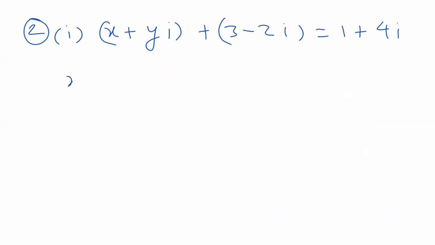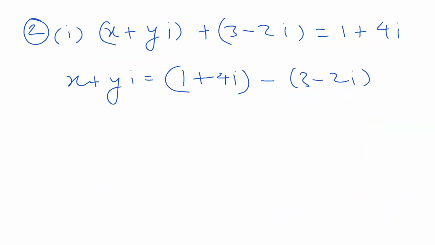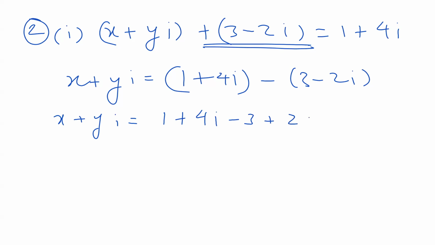Okay, so x + yi = 1 + 4i - 3 + 2i. I took this entire term to the right hand side. So 1 minus 3 is -2 and 4i plus 2i is 6i.